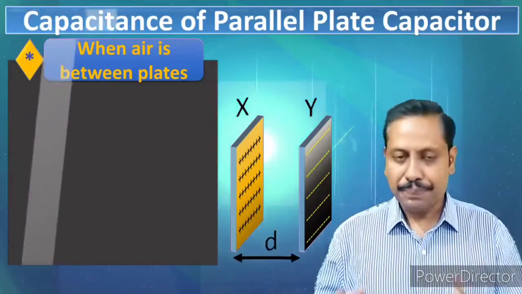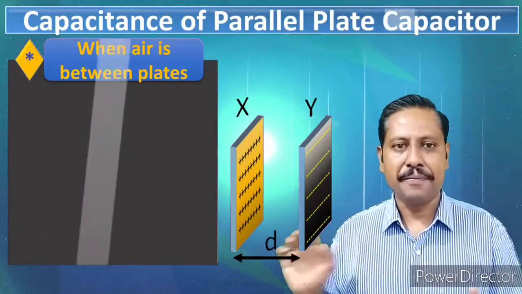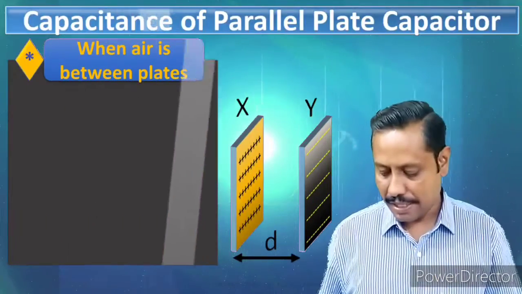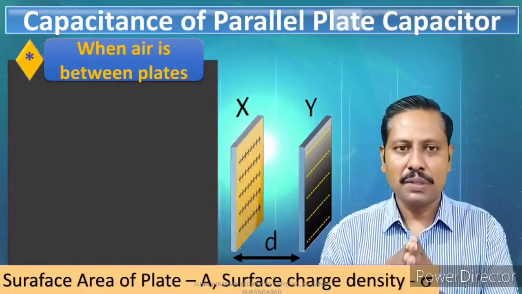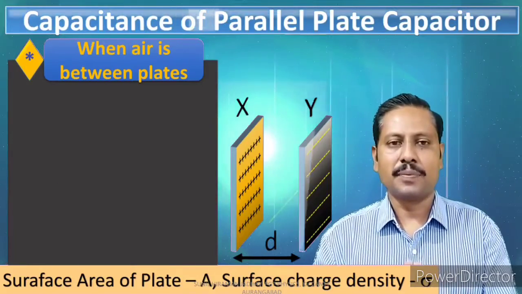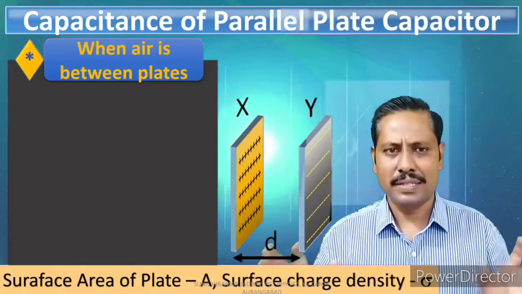Now let us say that the separation between these two plates is D, right? And further, let us say that the surface area of the plate is capital A and the surface charge density is sigma. These are the things that we have to understand first of all here.